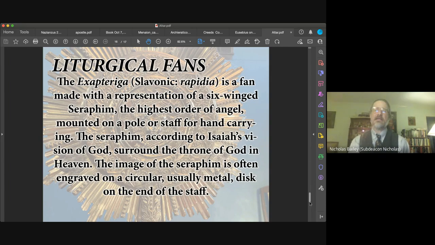And at the center of the church, you'll find what's called the high place. When we as servers, and you in the congregation, walk past the middle of the church, it's customary to bow towards that high place and cross yourself, because that's where a bishop would sit if he were present.